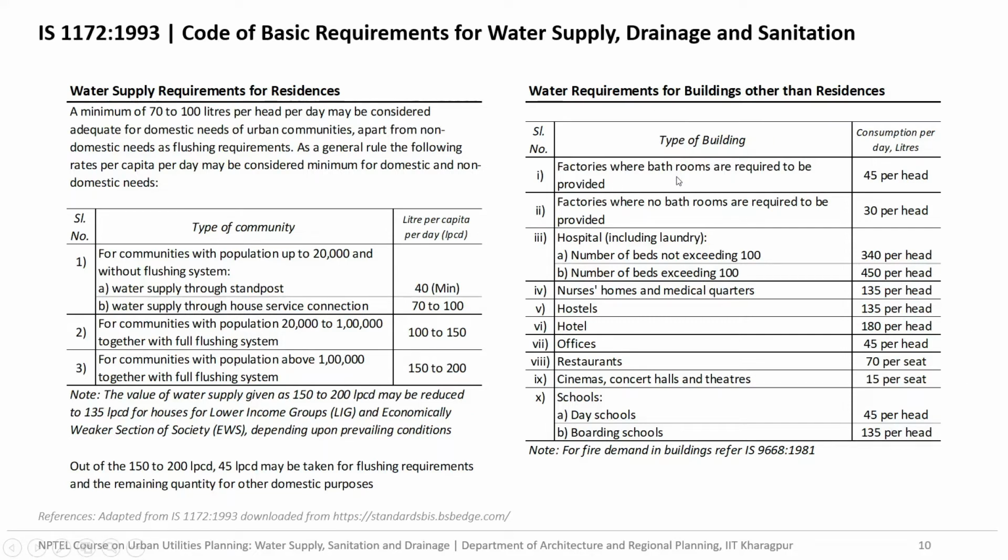These include factories where bathrooms are required to be provided, which will have 45 LPCD. Factories where no bathrooms are required to be provided will have 30 LPCD, and so on and so forth. We can see that hostels have a requirement of 135 LPCD.